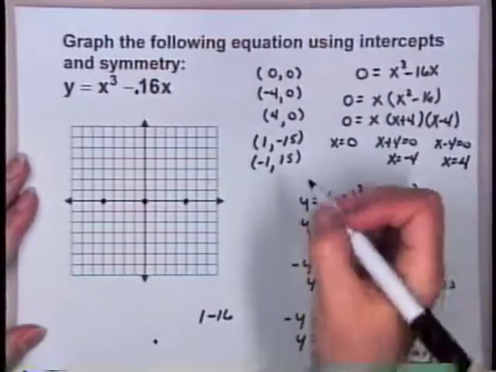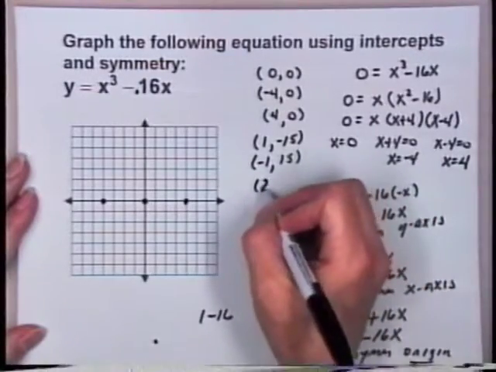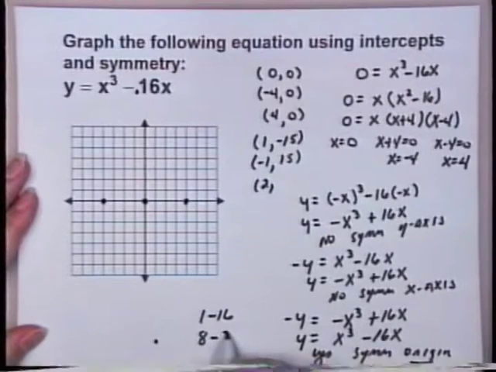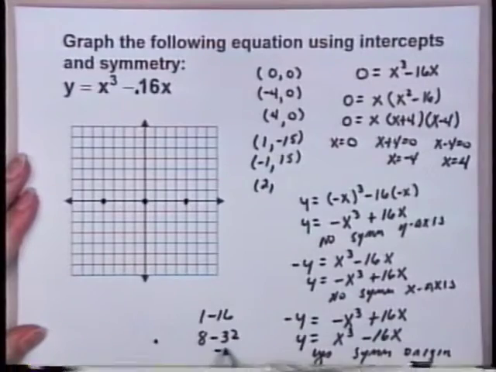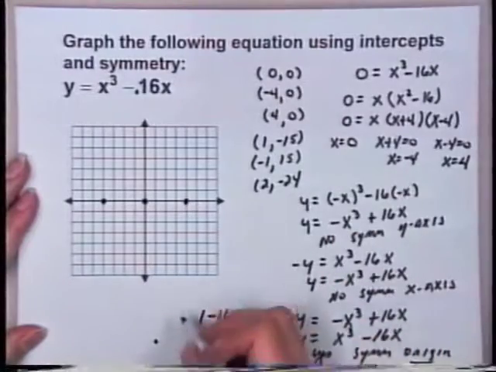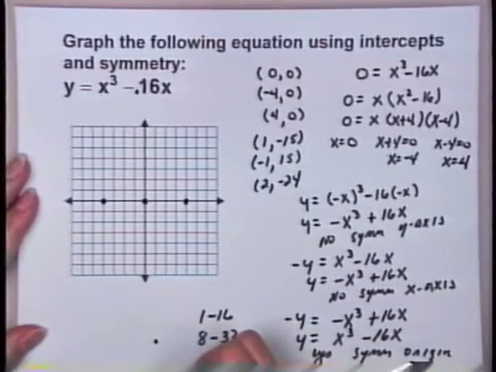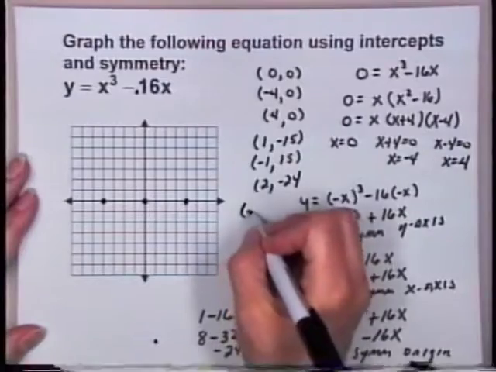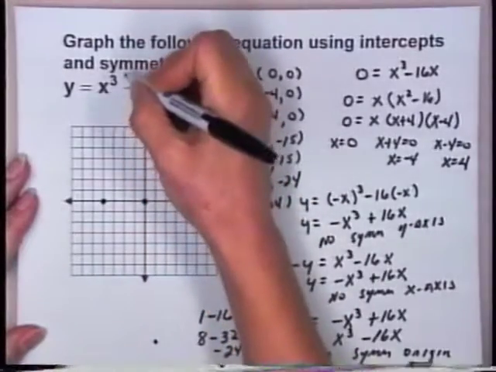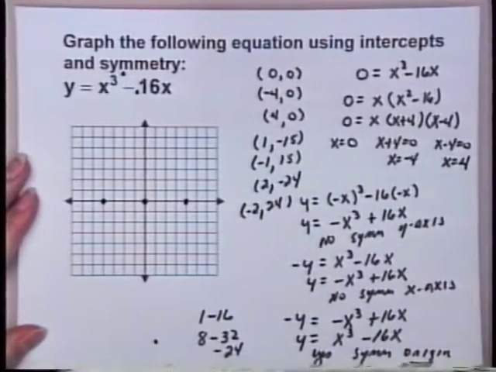Now, if x is 2, 2 cubed is 8, minus 2 times 16 is 32. Let's see. That's a negative 24. That's going to be even farther down. Let me come down here. I also know negative 2 gives me positive 24. Way up here somewhere.